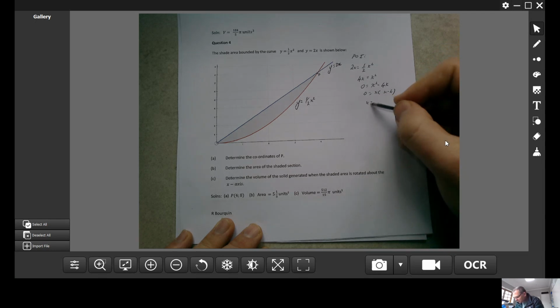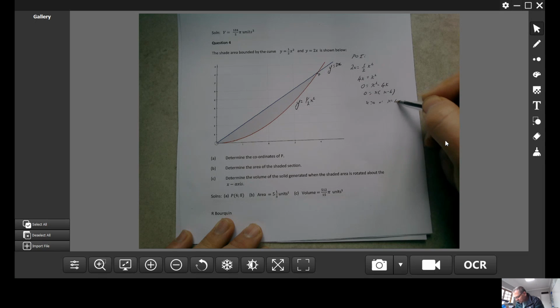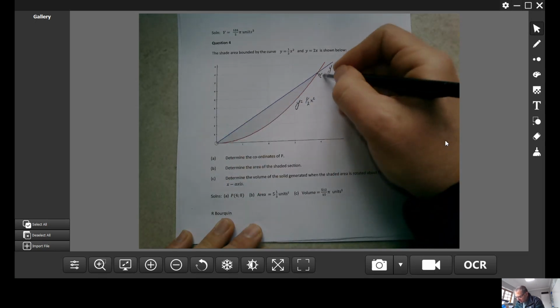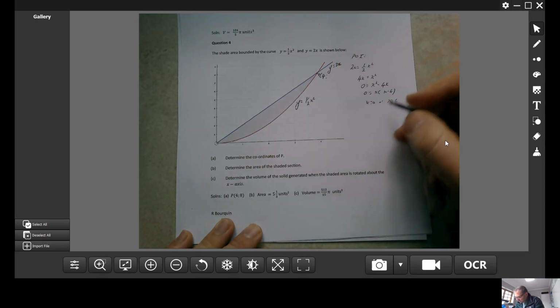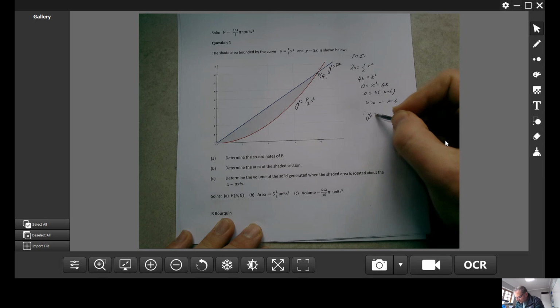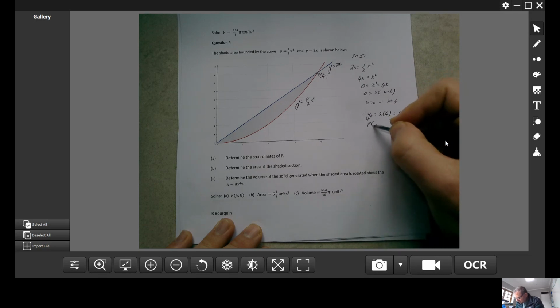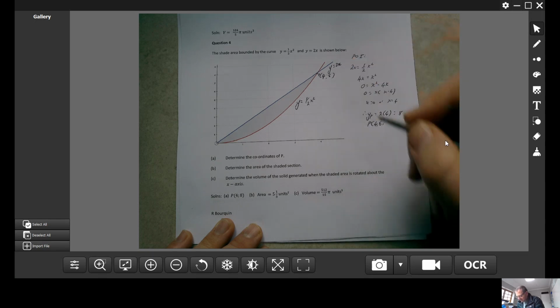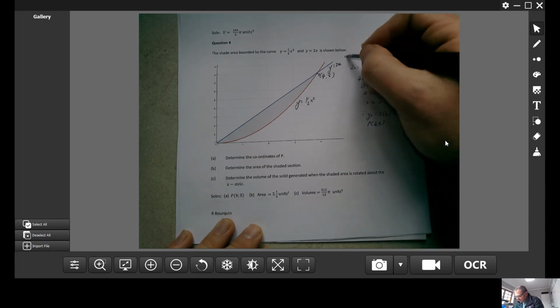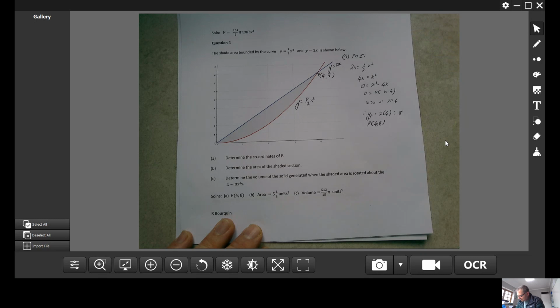In other words, x is equal to 0 or x is equal to 4, which looks right. So at P, the x coordinate is 4, so the y coordinate of P is equal to 2 times 4, which is 8, so P is the point (4, 8). Easy peasy. Right, so that's part A done.